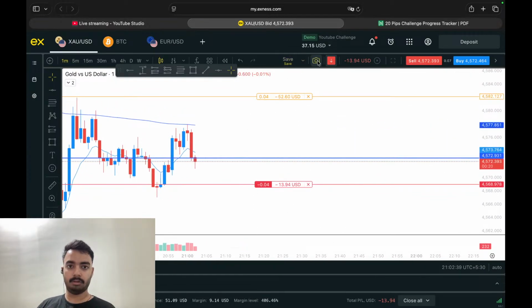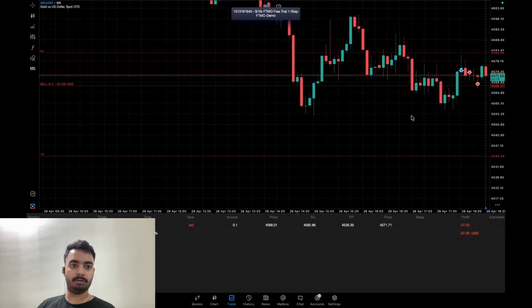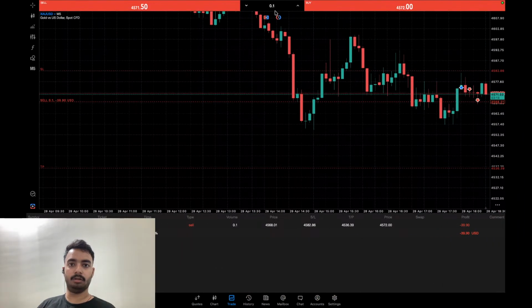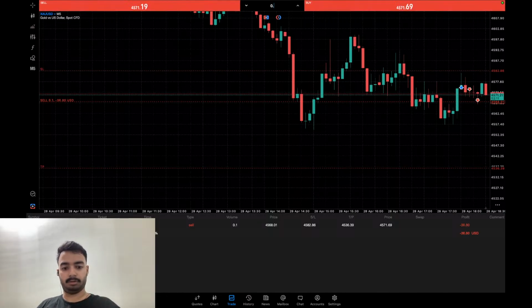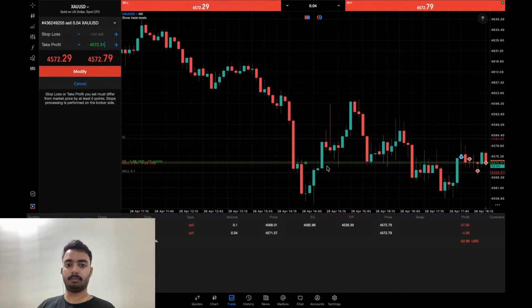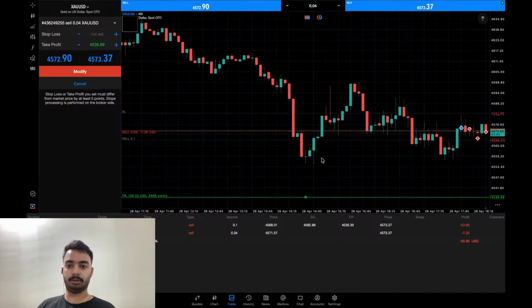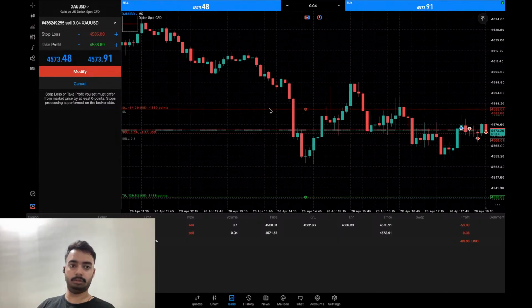Okay, so we can enter into a sell again. Let's take it on the funded account first. And based on these two setups, we can actually pass our account today if both trades go in our favor.